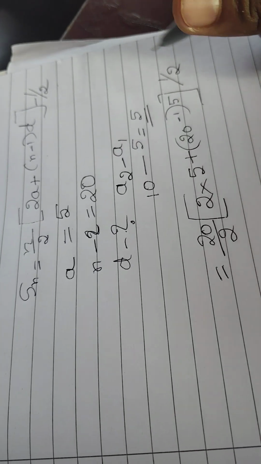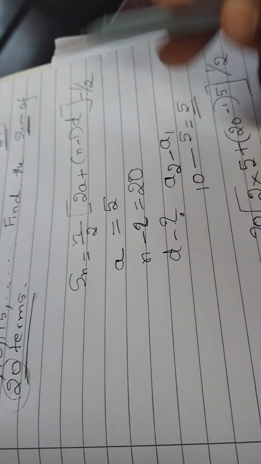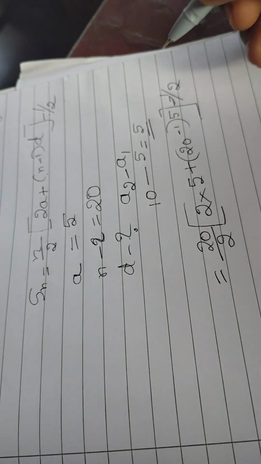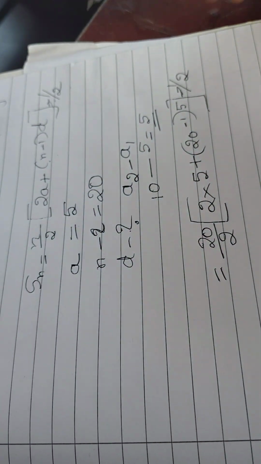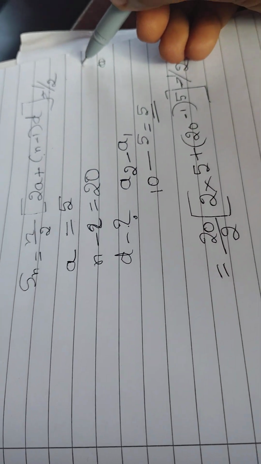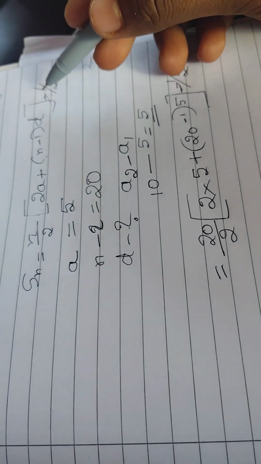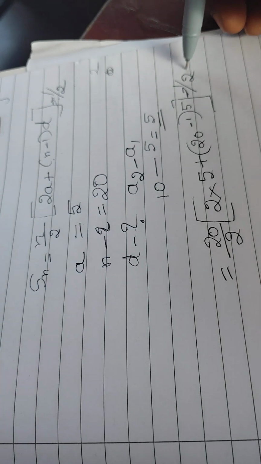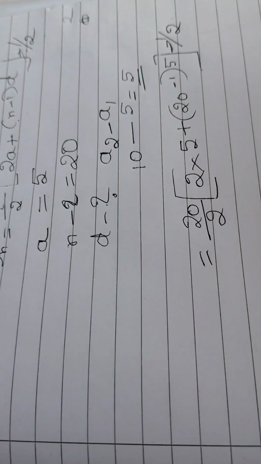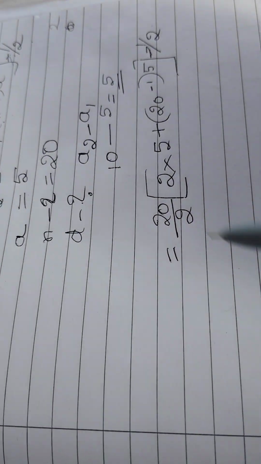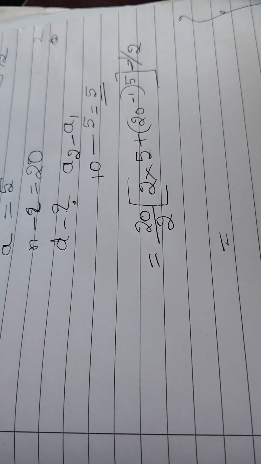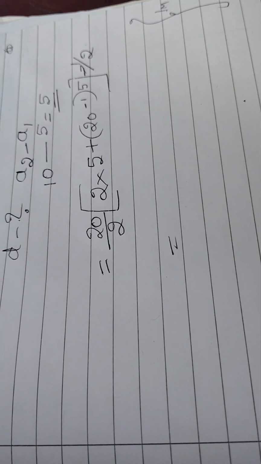So for writing the formula half a mark, for substituting half a mark, so you will get 1 mark here. It is a 2 marks question, and the simplification will go for 1 mark.